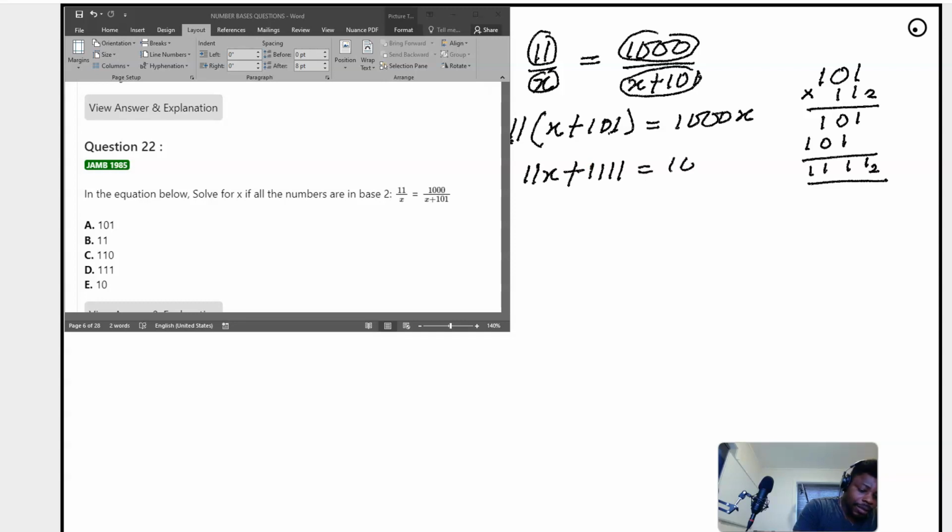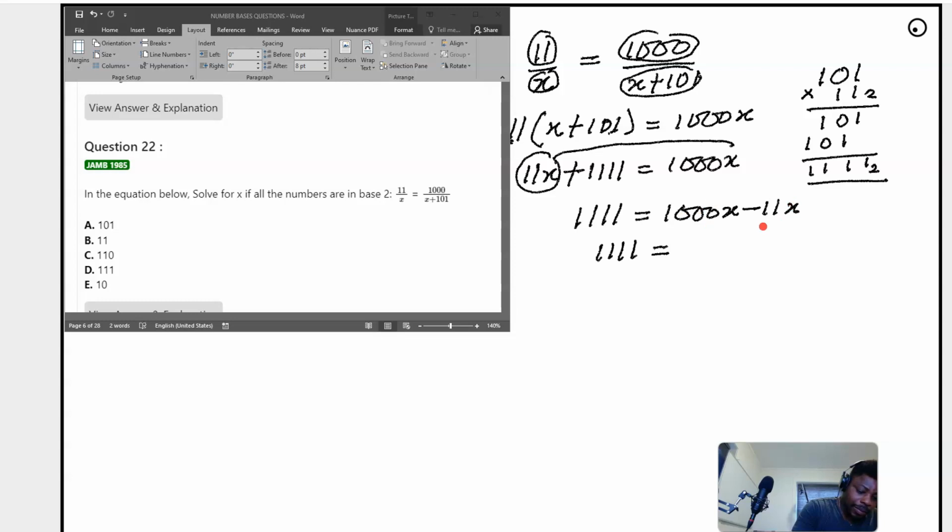Okay? This is 1000x. Now, let's take all the x's on one side. So this one goes to the other side. So 1111 is equal to 1000x minus 11x. Let's subtract this. Remember, it's in base 2. So 1000 minus 11. Let's borrow 1 from here. If you borrow 1, this is 0, and the one you borrow is 2.